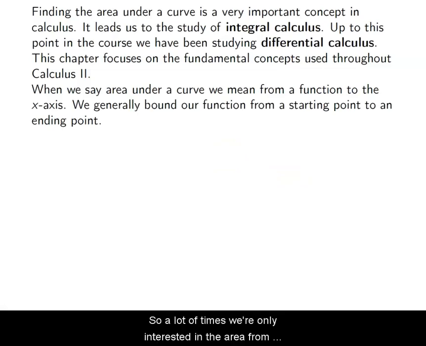A lot of times we're only interested in the area from one point to another, a starting point to an end point. There are definitely times when we're interested in the area below a curve for the entirety of the curve, but generally we are interested from one point to another, especially for calculus 2 style material.